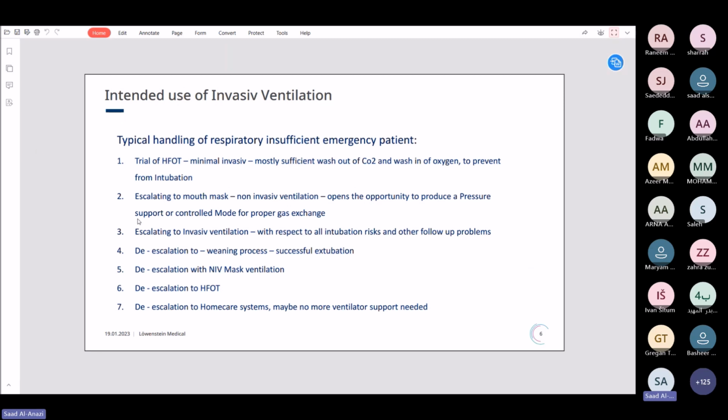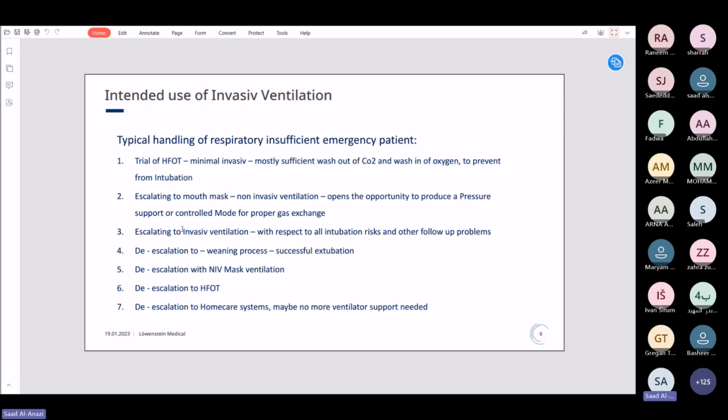As you know, the patient usually will not get intubated immediately. You need to have a sequence for the respiratory support, starting with a trial of the high flow. Then, if there is no improvement from the high flow, then you can escalate to the mouth mask, non-invasive ventilation.